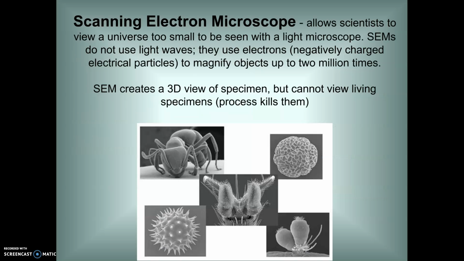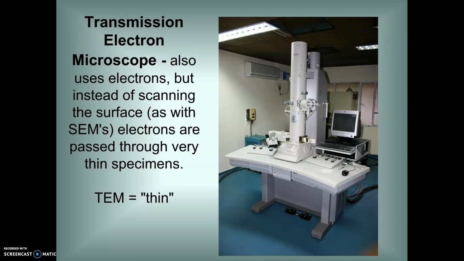And then there are microscopes called electron microscopes. The scanning electron microscope lets you magnify up to 2 million times. So you can see these beautiful three-dimensional pictures. You see the results on a screen. But this is not a type of microscope that you would use in high school. In fact, you might use it in college, but only after you take a course in how to use it.